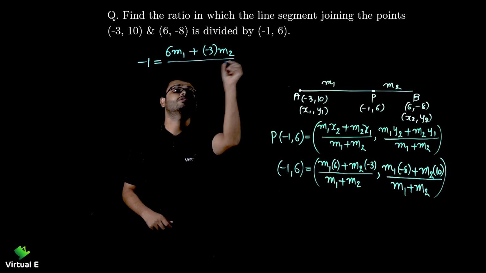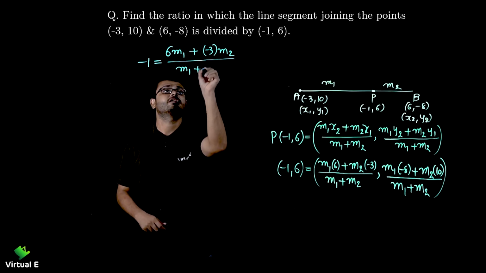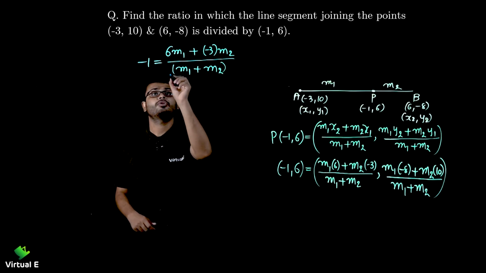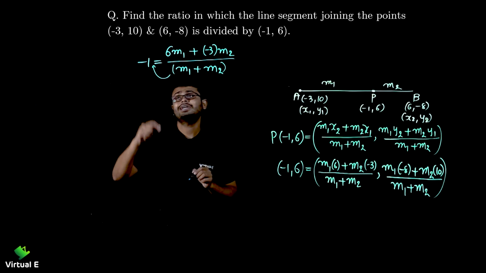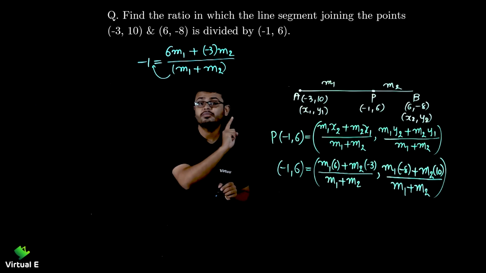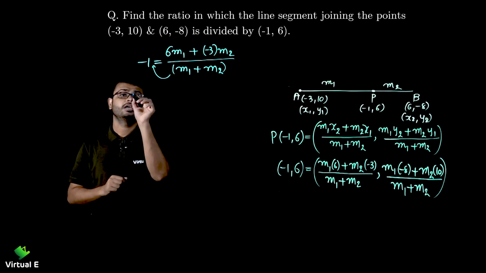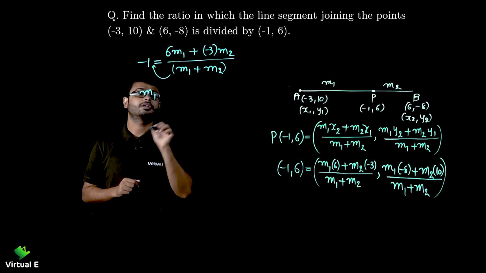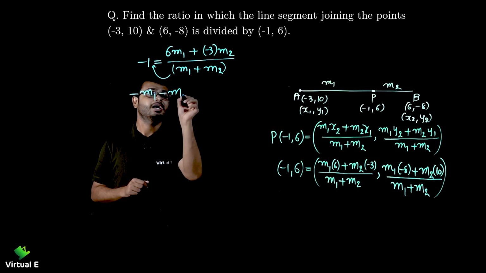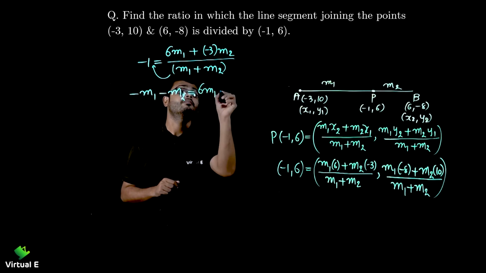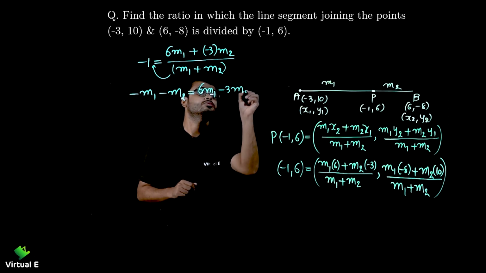Then denominator will be as it is, m1 plus m2. Now these two terms I am going to multiply with -1. As it is a -1, all signs will be what? Changed. This m1 is positive. If it will go there, it will be minus m1. Then this will be minus m2 is equal to 6m1 minus 3m2.